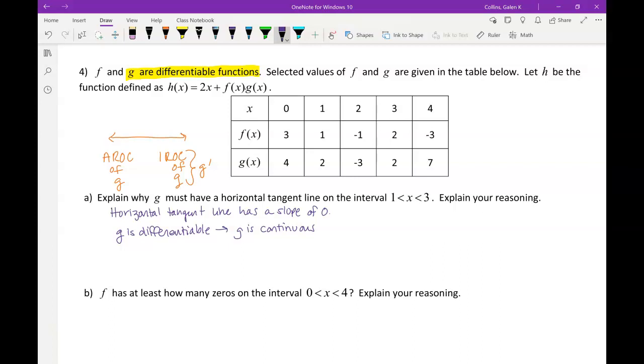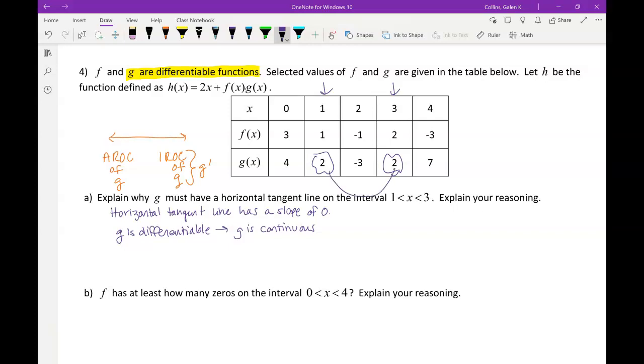So I'm looking at values of x on the interval from 1 to 3, but I'm looking at g values. If I look at g of 1 and g of 3, they're in my table, and I notice they're the same. Thinking about slope as change in y over change in x, from 2 to 2, y didn't change.